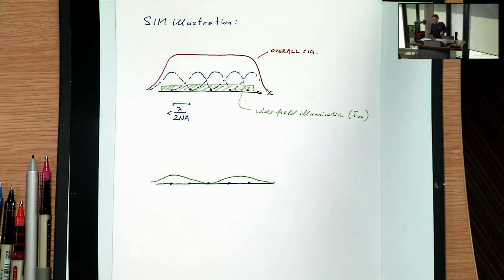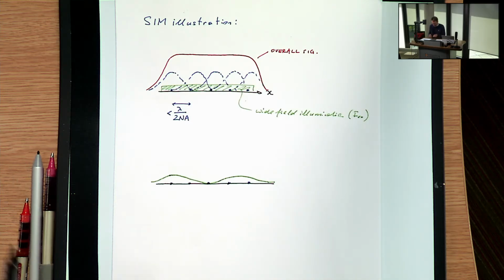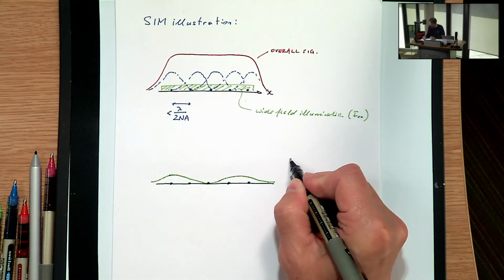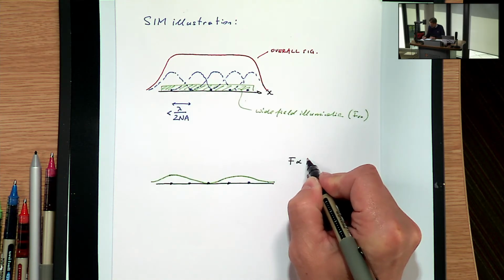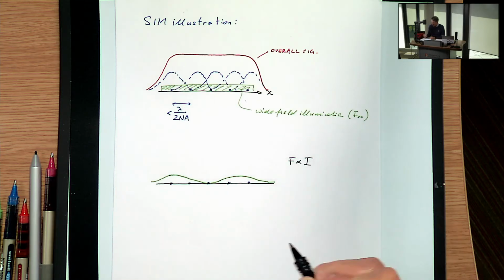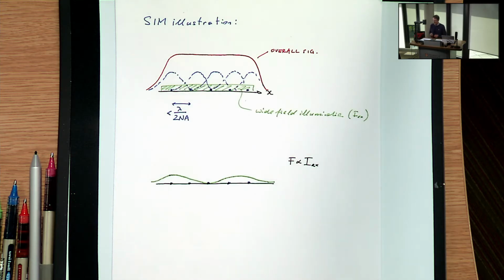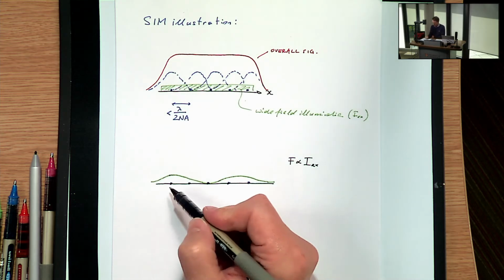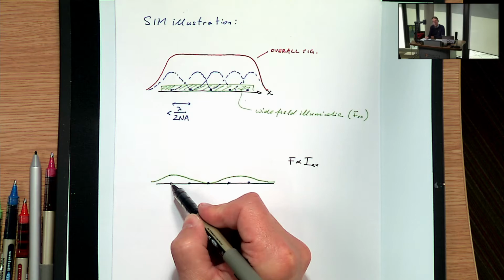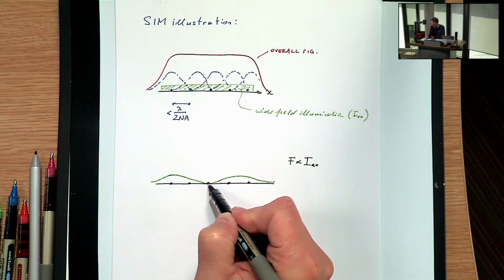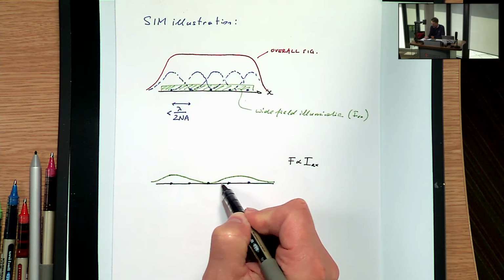Okay, so when we do this now, we remember from our fluorescence lecture that the fluorescence signal is proportional to the excitation intensity that you put in. So this fluorophore will emit more brightly than this one. This one is not excited at all because the illumination intensity is 0, and so on.